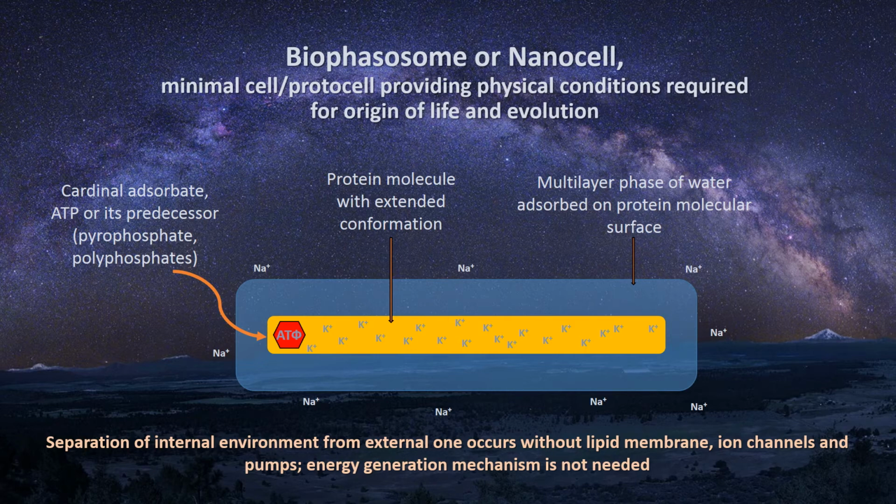It makes possible the adsorption of water on the molecular surface of the polypeptide to form a shell of multilayer adsorbed water. This adsorbed water excludes from its volume all unnecessary solutes of the ocean of the prebiotic era. For us it is primarily sodium, but potassium is adsorbed. As a result, the ratio of potassium to sodium necessary for life, which we know, forms inside of the biophase.